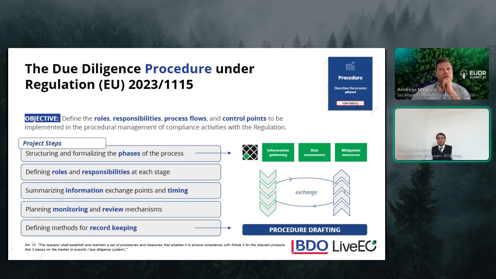So let's now turn to role and responsibility. All companies, except small enterprises, are required by the regulation to define an EUDR officer at a management level. This must be formalized inside the procedure.